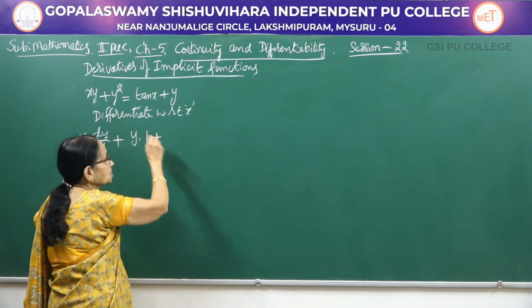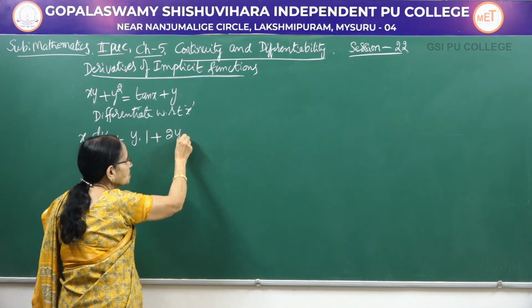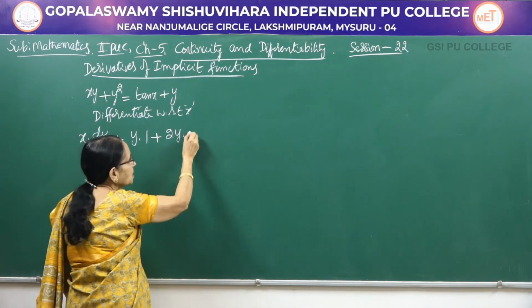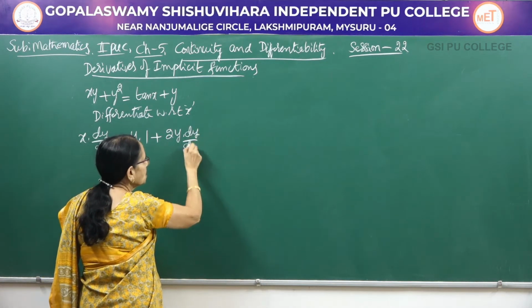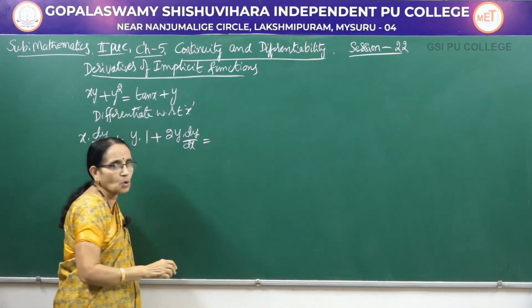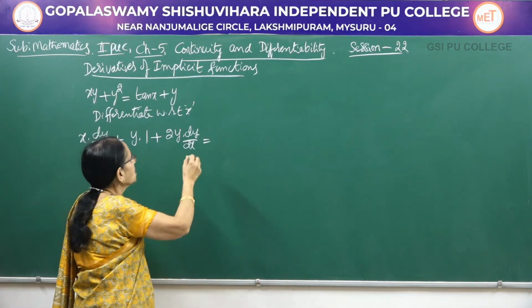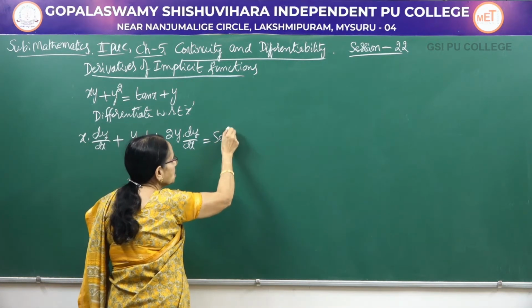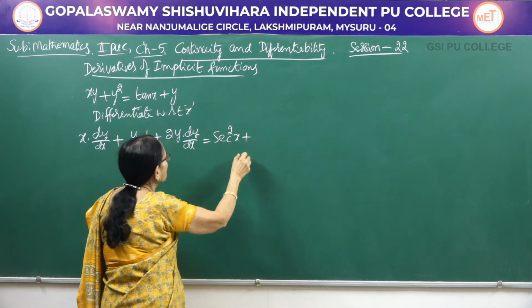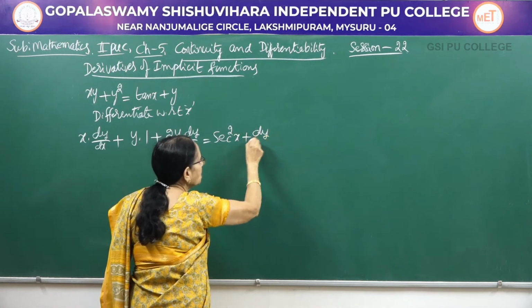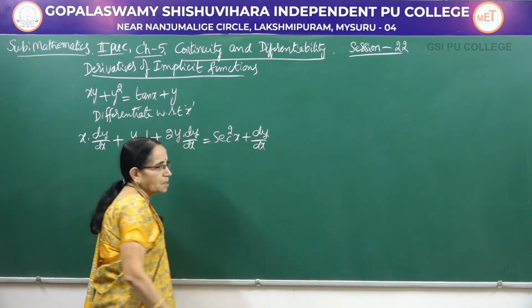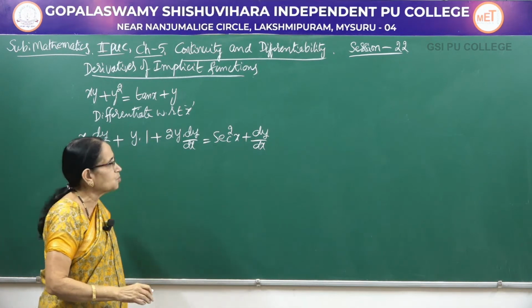Come to the second term, y square becomes 2y, for y it is dy by dx. So, that is also over. To the right hand side, tan x has the derivative secant square x, for y it is again dy by dx. So, the differentiation part is over.